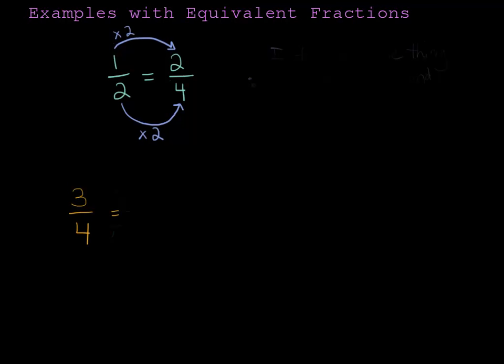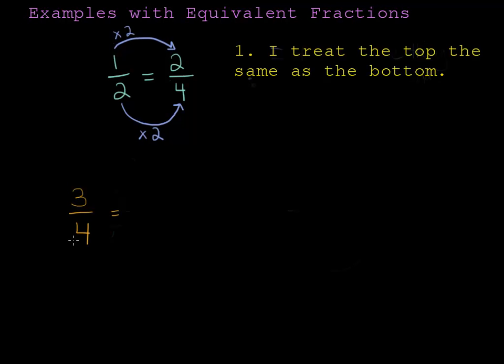So let's pick a link, times 3, and we'll do that to both the numerator and the denominator. So if I do my numerator, I get 3 times 3 is 9, and then I'll do the same thing to the denominators. 4 times 3 is 12, so I get an equivalent fraction, 9/12.